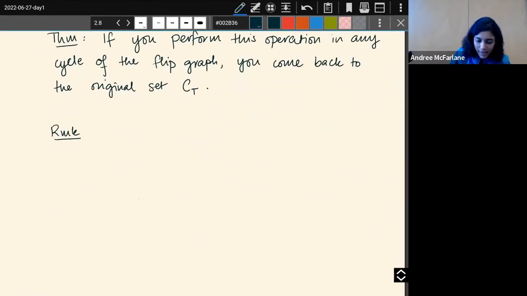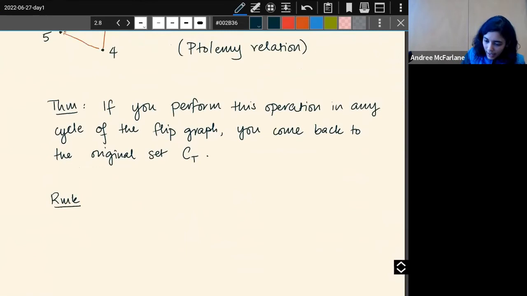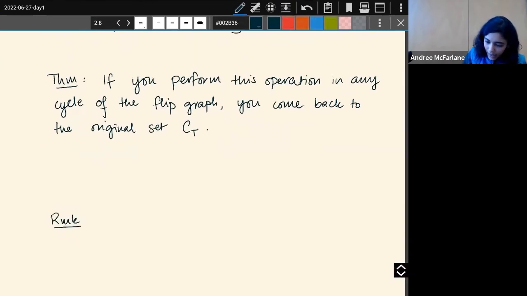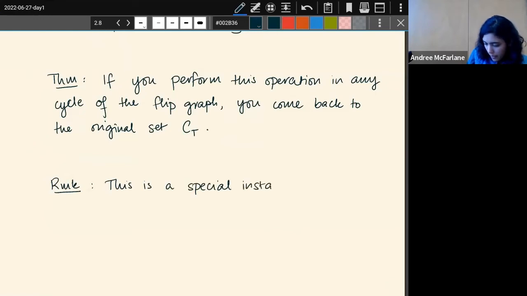So all of this is secretly alluding to the fact that, actually, maybe I'll write a full remark. This is a special instance of a more general construction called a cluster algebra.